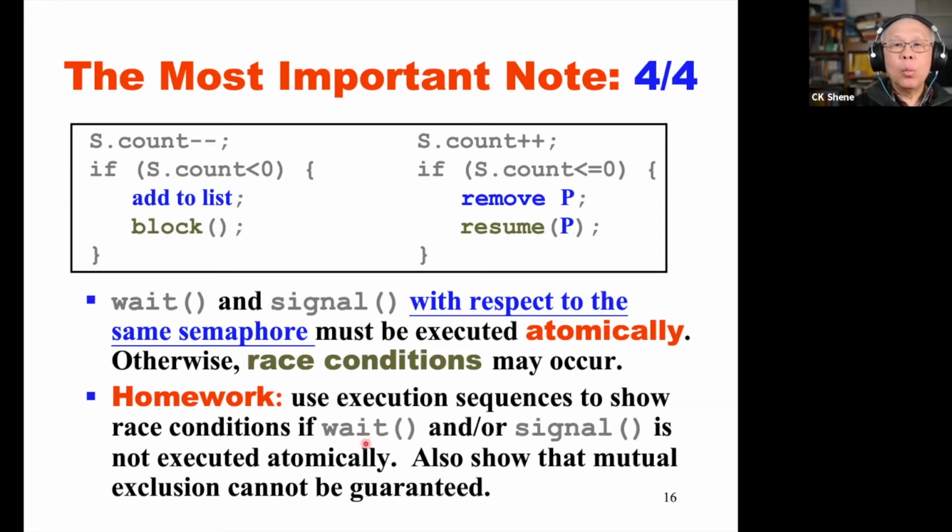If the wait method is not atomic, then show that if you use the wait method to implement mutual exclusion, you're going to fail. In other words, if wait is not atomic, then mutual exclusion cannot be guaranteed. Well, we'll see the implementation of mutual exclusion later on.